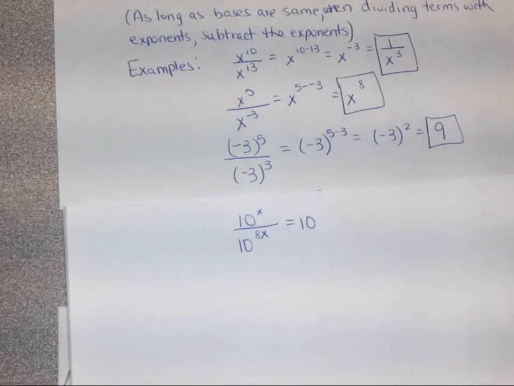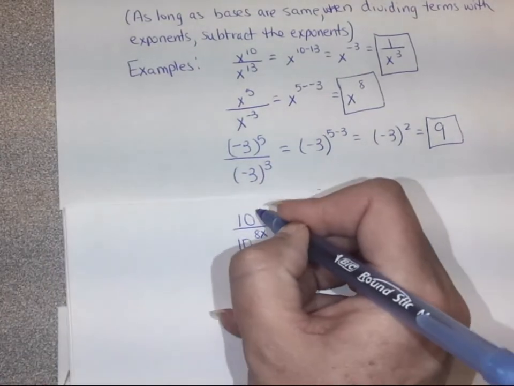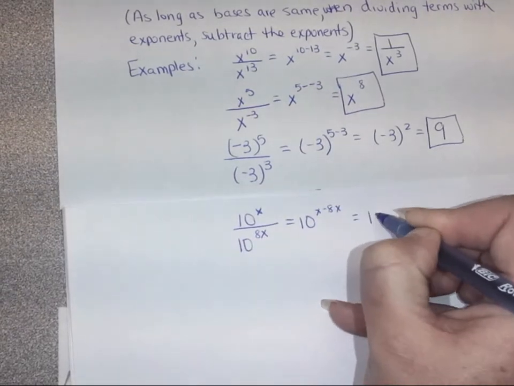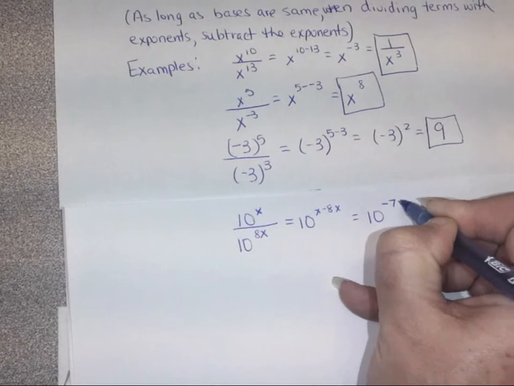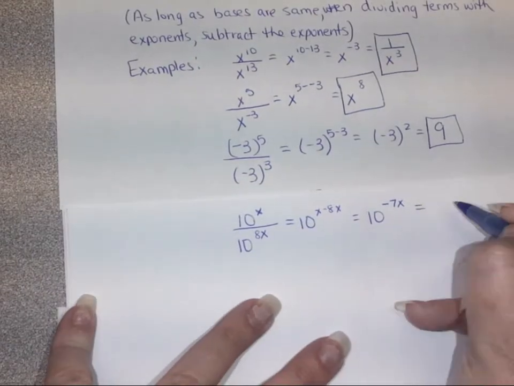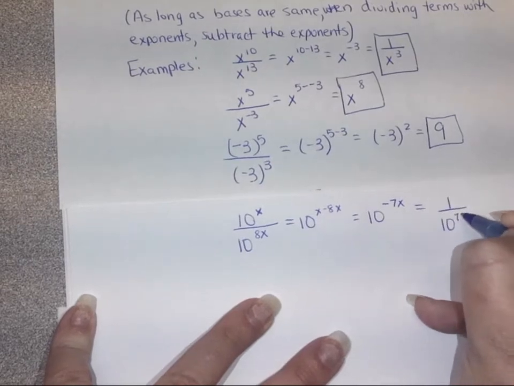And what do I need to do with the exponents in general? Subtract them, so it's going to be x take away 8x, which is going to be 10 to the negative 7x power. Okay. Generally, I don't want you to leave an answer with a negative exponent. So how could I rewrite this so that it would have a positive exponent? 1 over 10 to the 7x power.